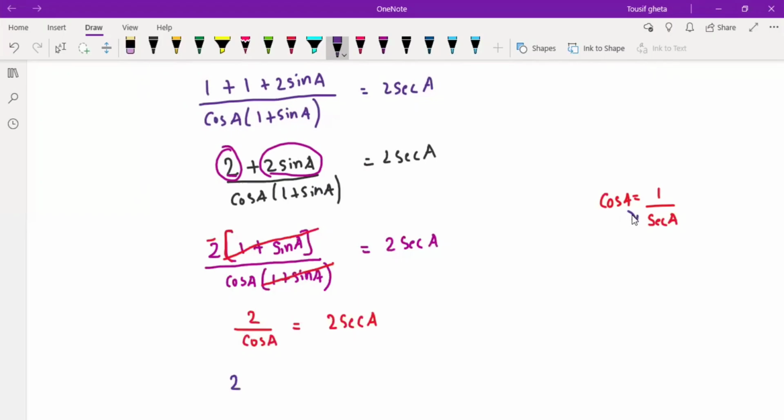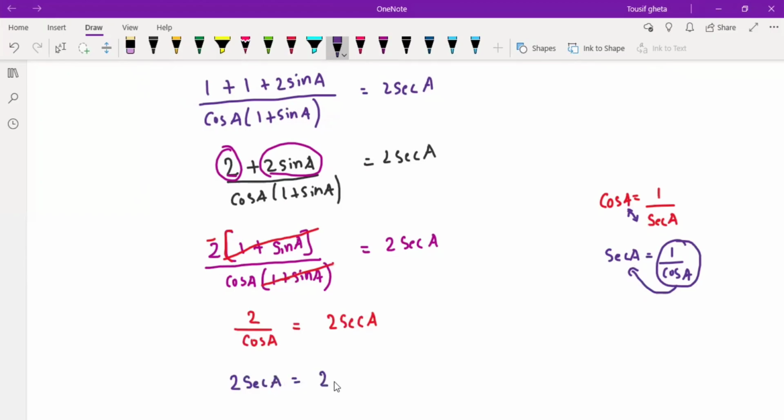So we gonna inverse it. We're gonna write down secant A is equal to 1 by cos A, because we want to write down the value of 1 by cos A. In our question, it is in the form of 1 by cos A. So what is the value of 1 by cos A? Secant A. Okay, so 2 secant A is our answer.